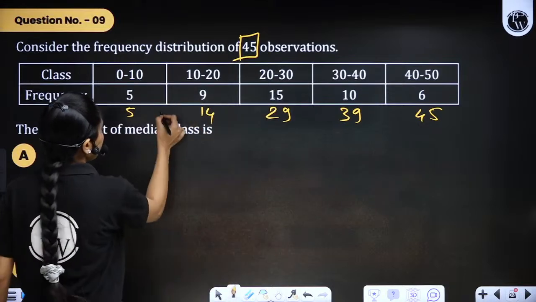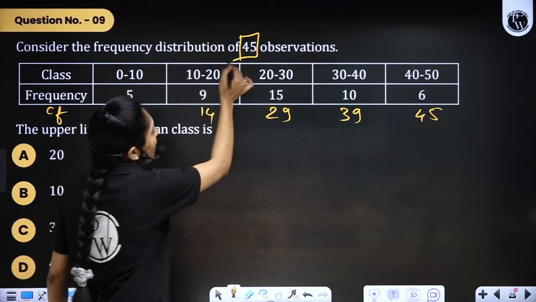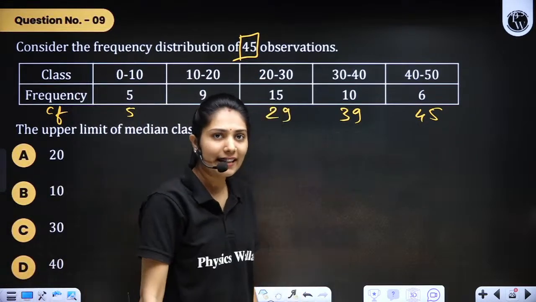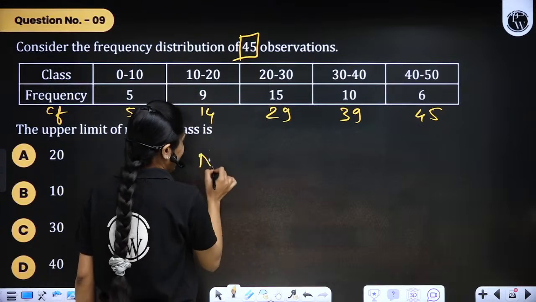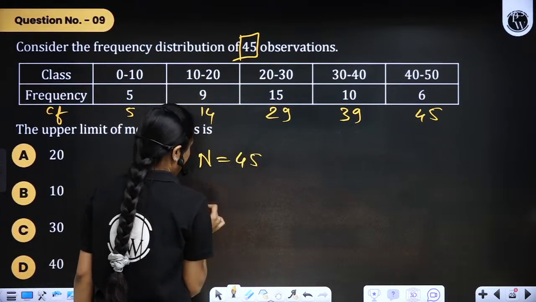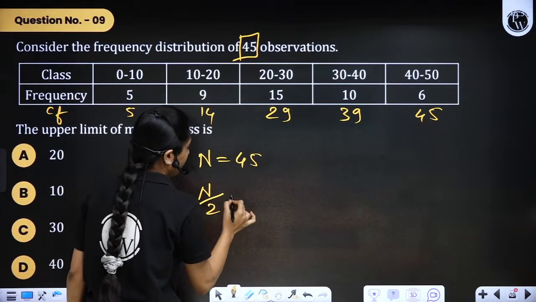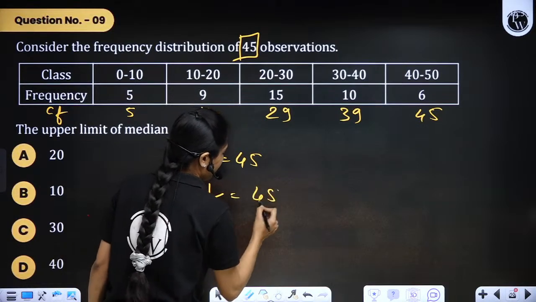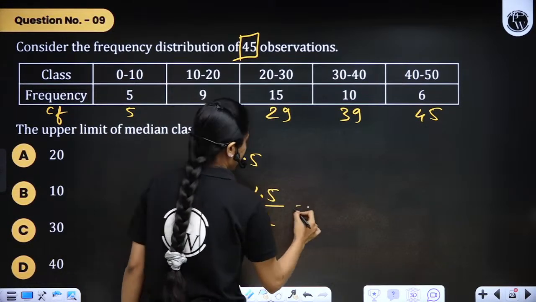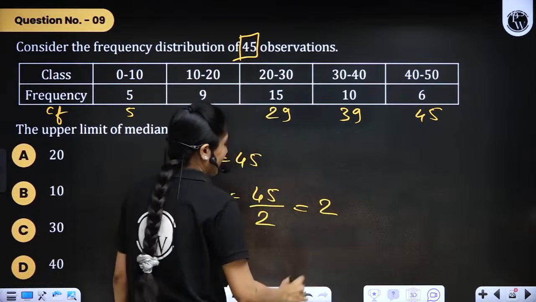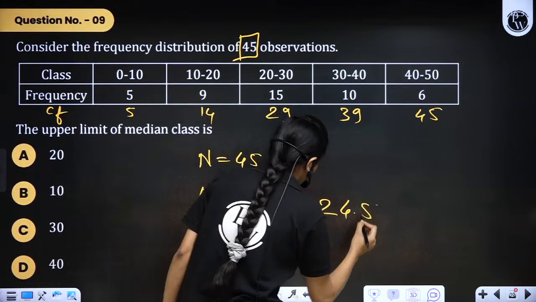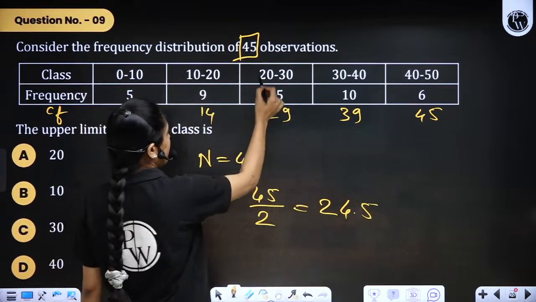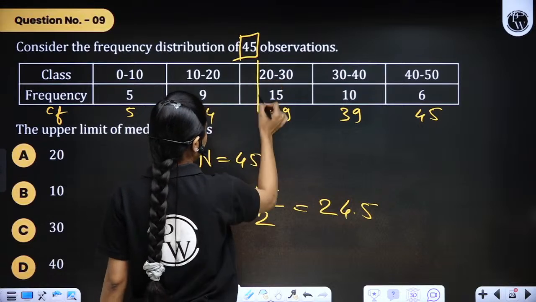So since 45 observations are there, that means the value of n is 45, and n by 2, that is 45 by 2, is nothing but 22.5. Okay, so the median class should be this one.